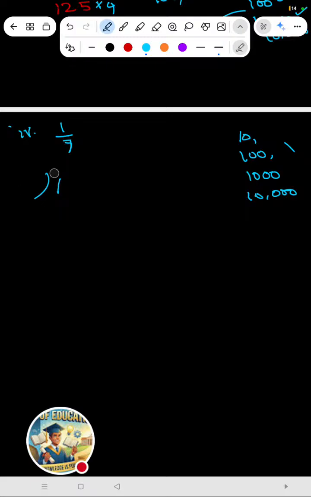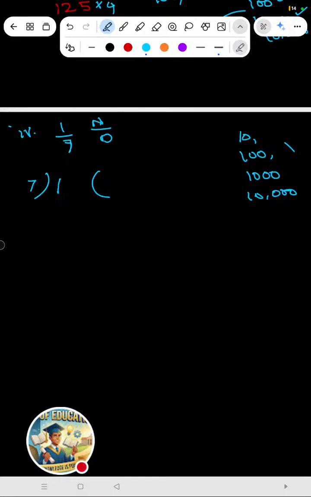Write 1 here, 7 here. The above value is the numerator, the below value is the denominator. The numerator we write in the middle as the dividend, and 7 we write on the left-hand side, that is the denominator, that is the divisor.